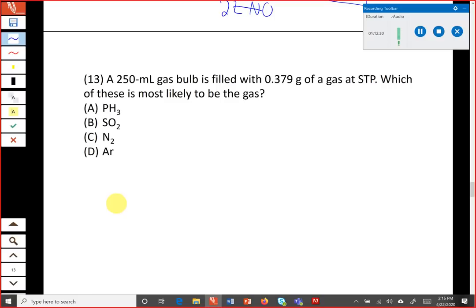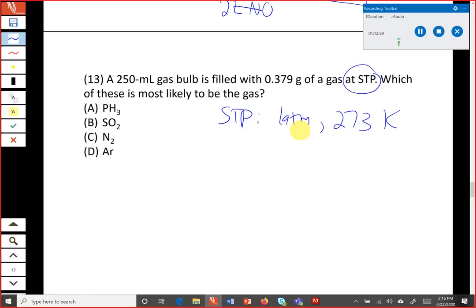So you may have come up with a different way, and I can talk about those with you offline, but I'm not going to go through multiple ways of solving this. Again, we're at STP once more, so STP is going to be 1 atmosphere and 273 Kelvin. So if we're doing anything with the ideal gas equation, those are going to be the pressure and temperature we want.